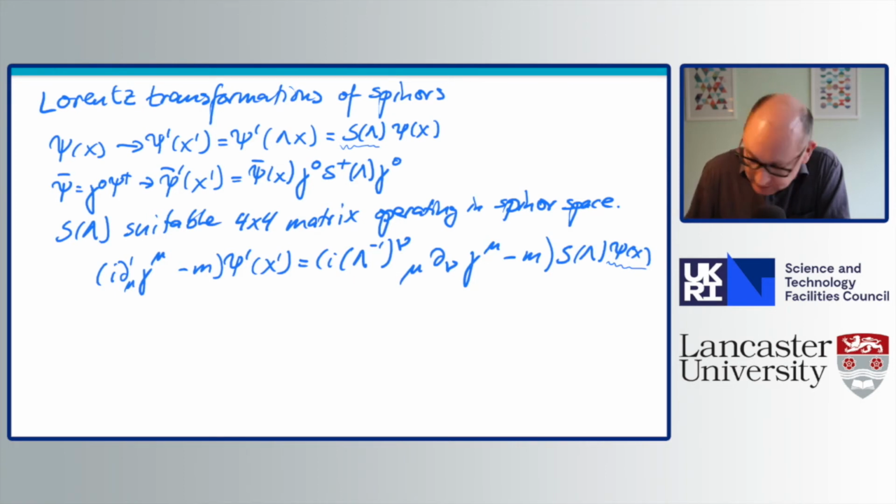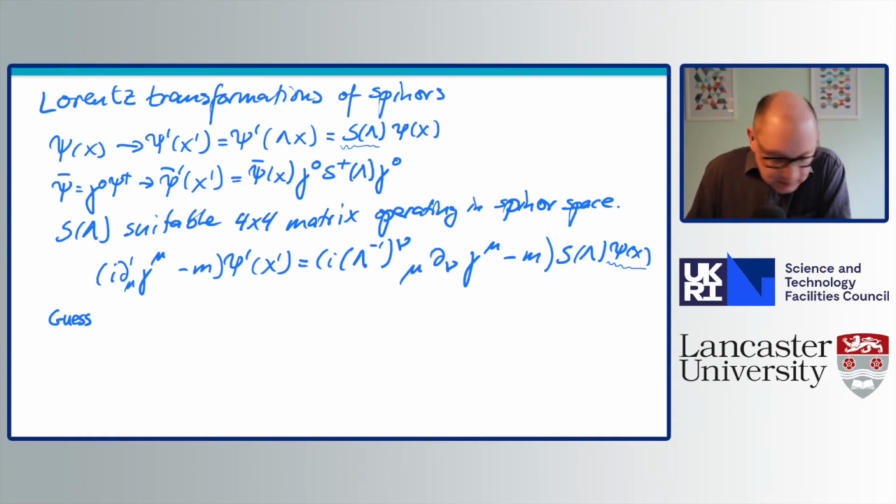What we need is that we can take S onto the other side, and then we have the Dirac equation, i d slash minus m on psi. So we need special properties of S when we commute it to the other side of the equation.